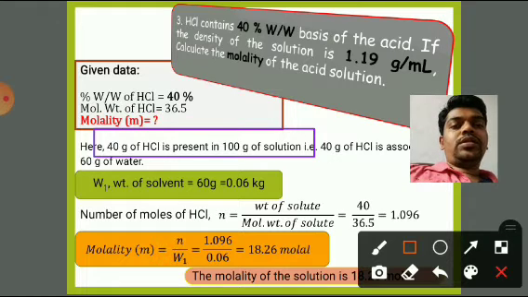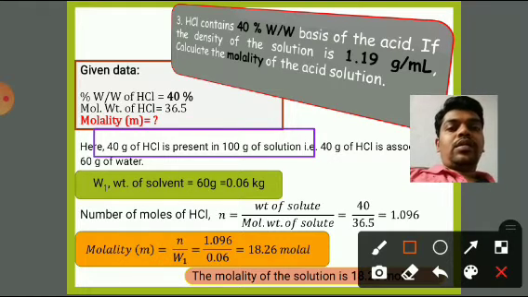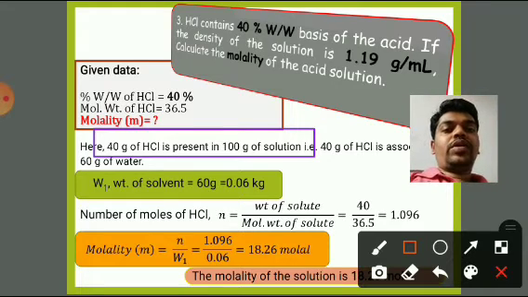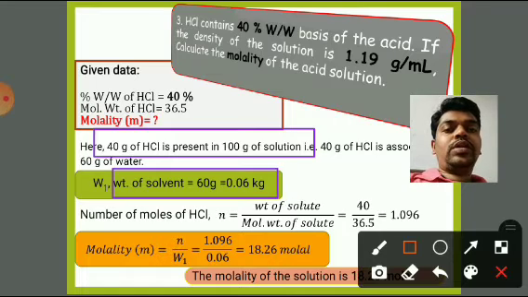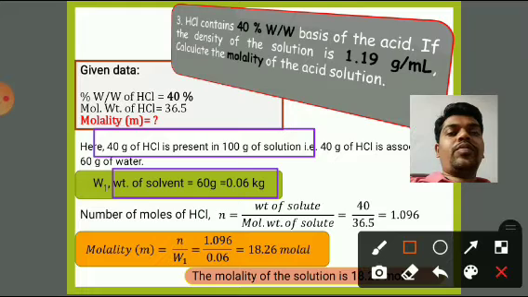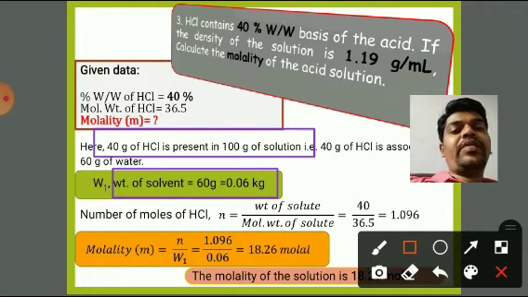So this is a weight by weight percentage. Here the weight of the solvent is given by the symbol W1, that is 60 gram. We have to convert it into kilogram, that is 0.06, so we divide it by 1000.